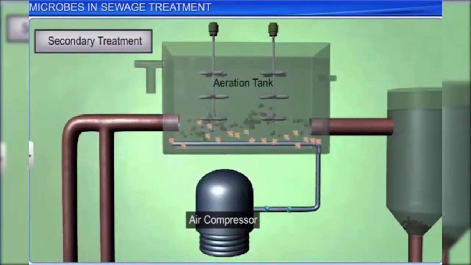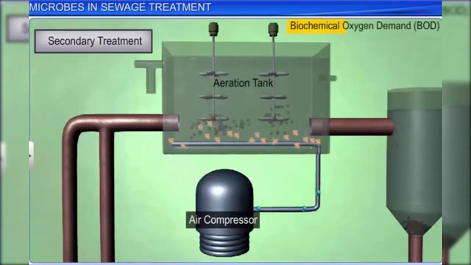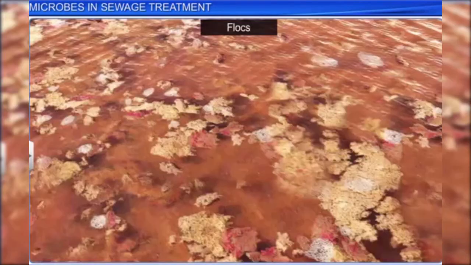This secondary treatment reduces the BOD, or biochemical oxygen demand of water. BOD is an important measure of water quality. It refers to the amount of oxygen needed by bacteria and other microbes to oxidize all the organic matter in 1 liter of water.